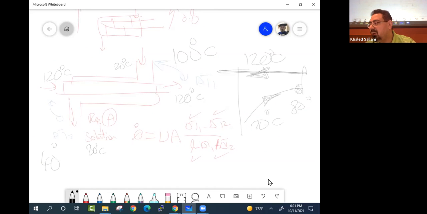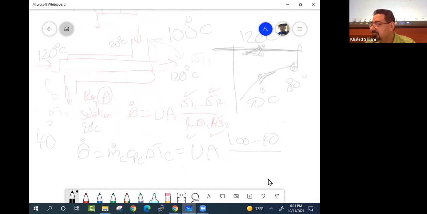So I would call that delta T1, and the Q dot, by the way, we will get from m dot cold, Cp cold, delta T cold. That's the water side. UA, and then you got the 100 minus the 40 over ln 100 over 40.